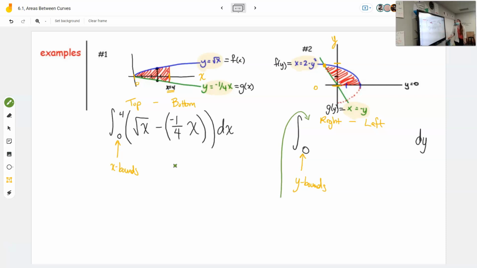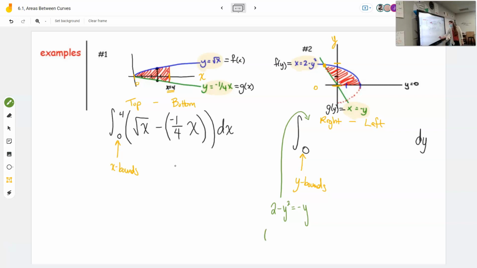We just need to set them equal to each other. So 2 minus y squared is equal to negative y. The x would equal x, so I set those equations equal to each other. Remind me what I did in pre-calc a second ago. I set them equal, and then I moved them all to one side for the purpose of factoring.